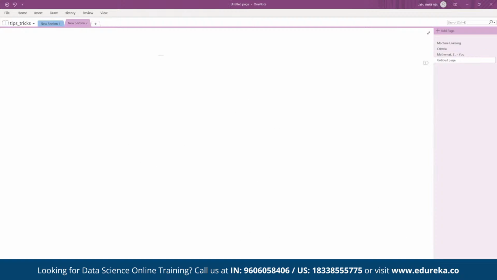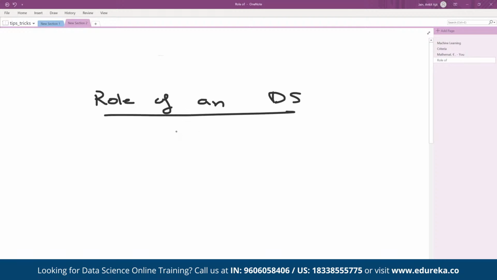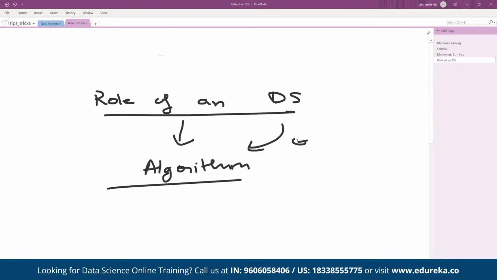Okay. Now, how many of us want to become a data scientist here? I think most of you want to become a data scientist, right? So the role of a data scientist is to understand this algorithm. It is assumed you will be an expert on this.